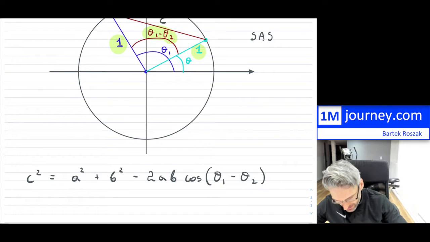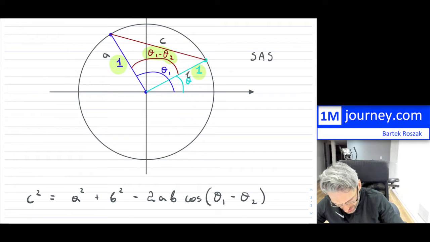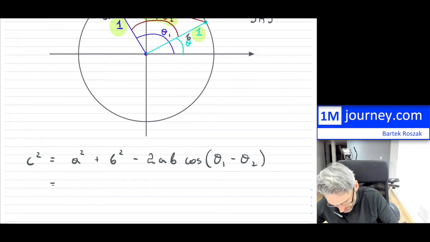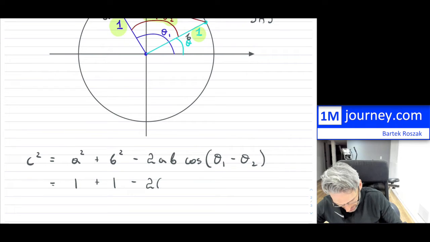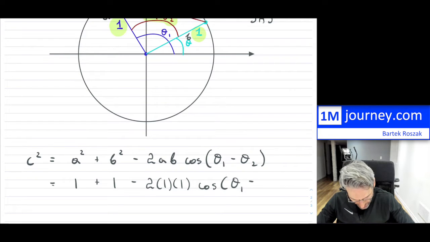Now, again, this is A, this side is B. I know those sides are equal to 1, so I can simplify this. So this is going to be 1 squared, which is 1, plus 1 squared, which is 1, minus 2, and again, this is just 1 times 1, and then cosine of theta 1 minus theta 2, right there.